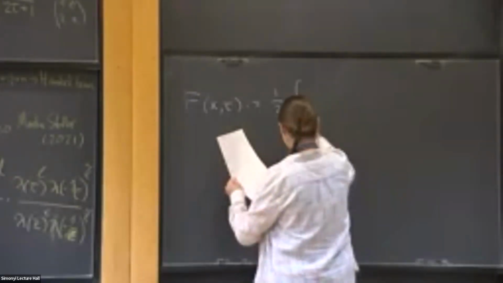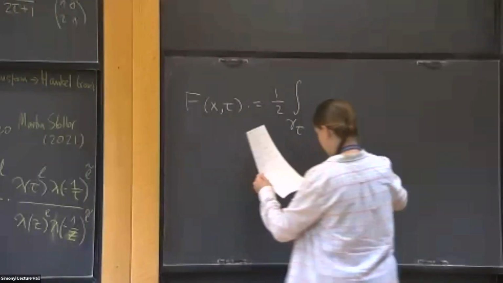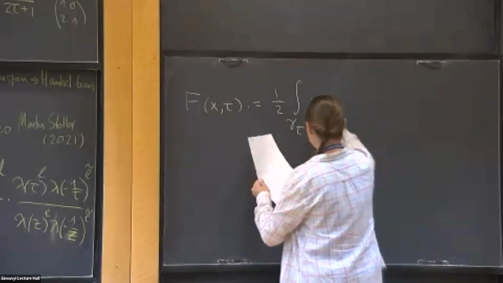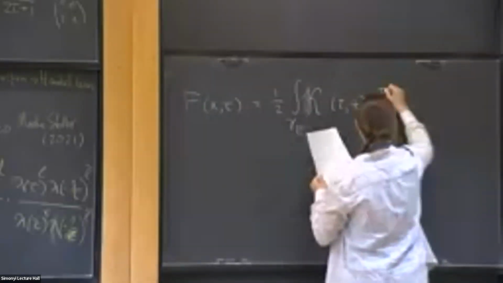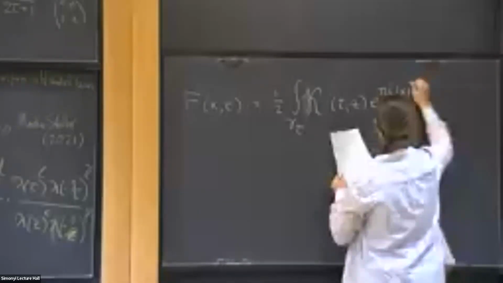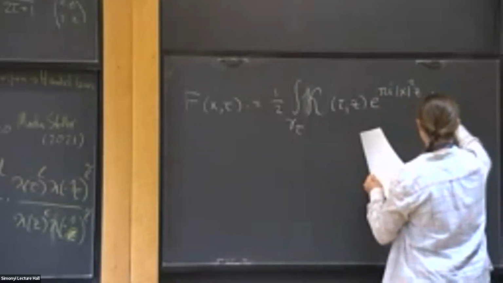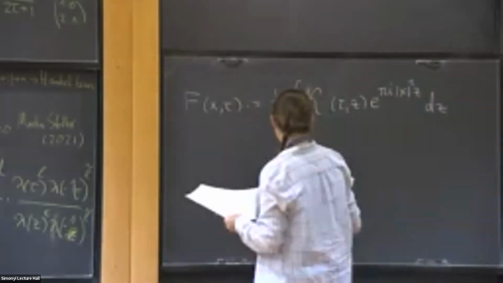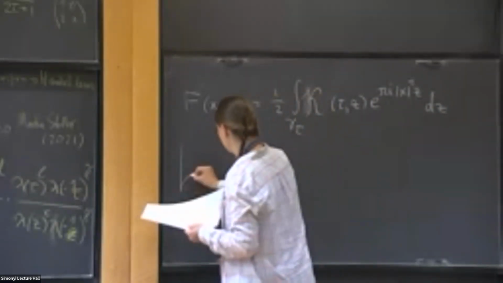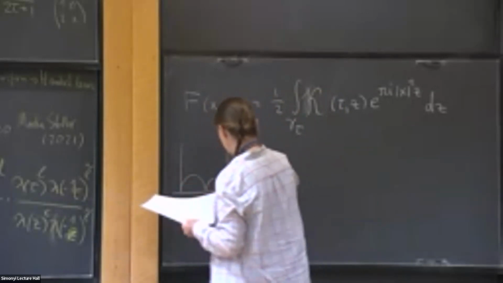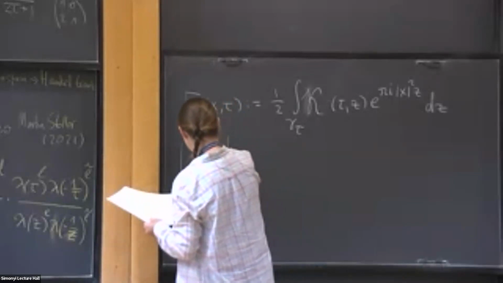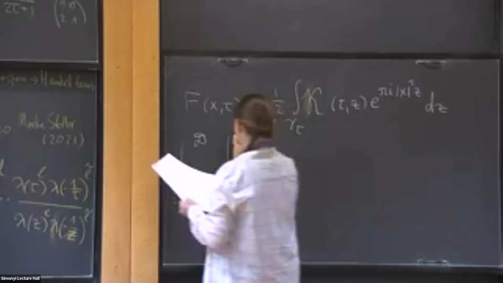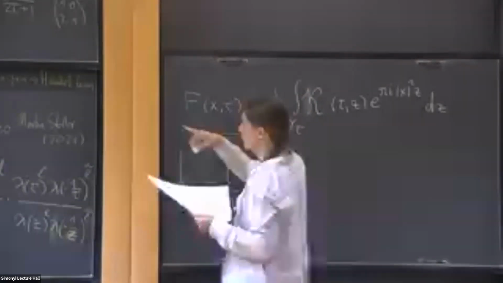And so then we define our function in the following way. Here we choose a contour gamma tau, and we take one of our kernels. And so this would define our function f, if you consider this fundamental domain D, a fundamental domain for the action of gamma 2 on the upper half plane.